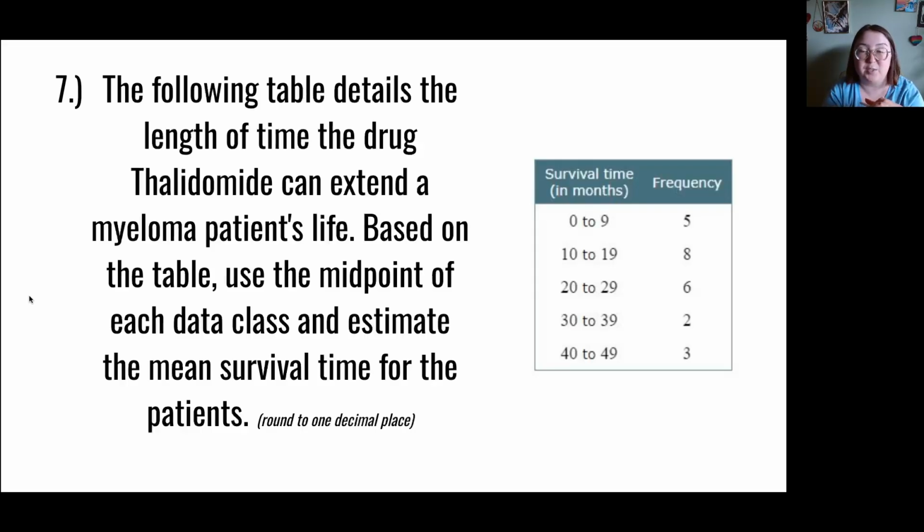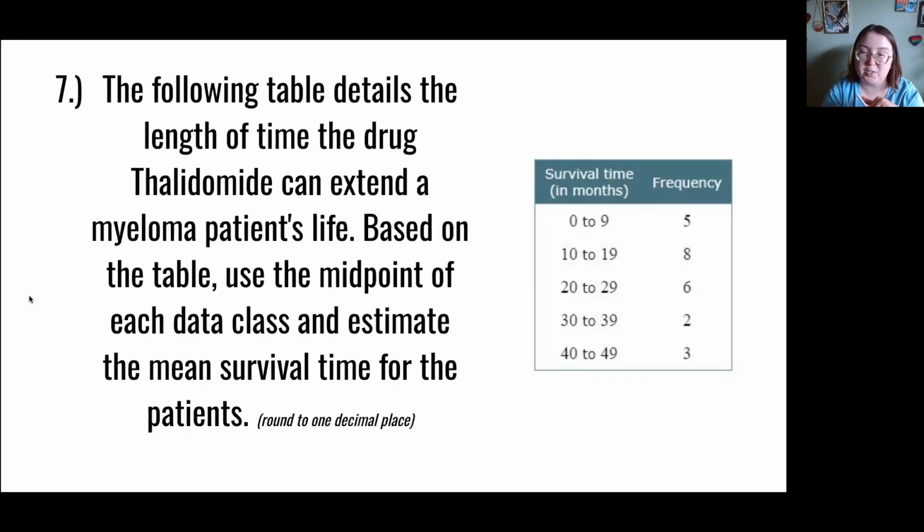We're going to round this to 1 decimal place. So we have survival time in months, and then the frequency. In months, we have 0 to 9, and the frequency is 5. 10 to 19, the frequency being 8. 20 to 29, the frequency being 6. 30 to 39, the frequency being 2. And 40 to 49, the frequency being 3.